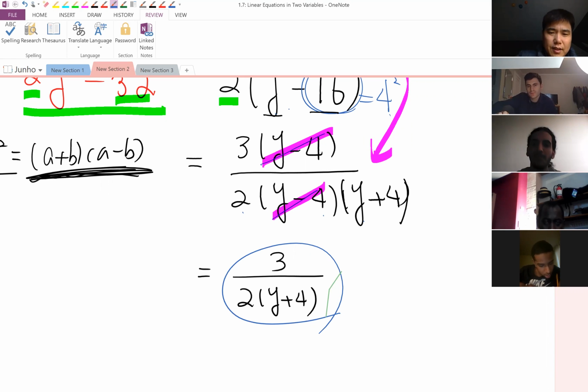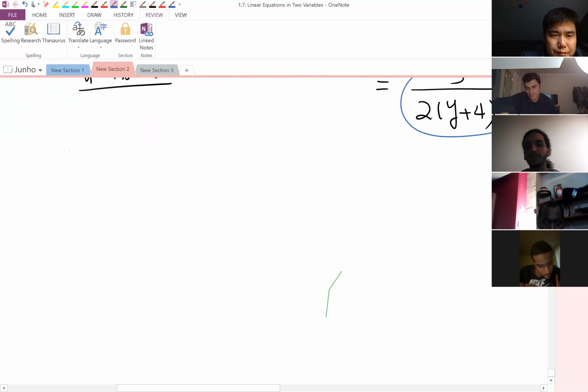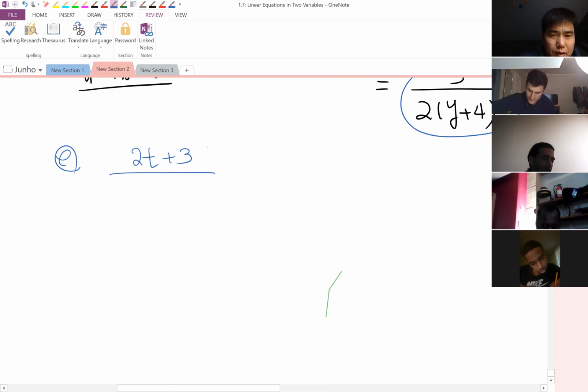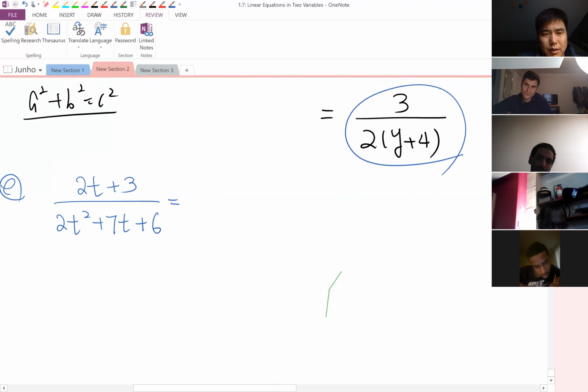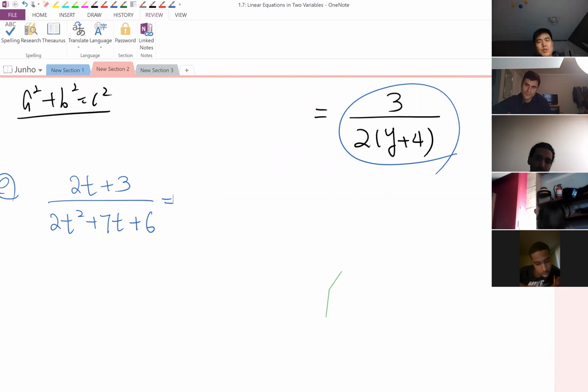Then E is 2t plus 3 over 2t squared plus 7t plus 6. Okay, then can I ask Mohammed, what should we do from the beginning? There's no greatest common factor between 2 and 3.